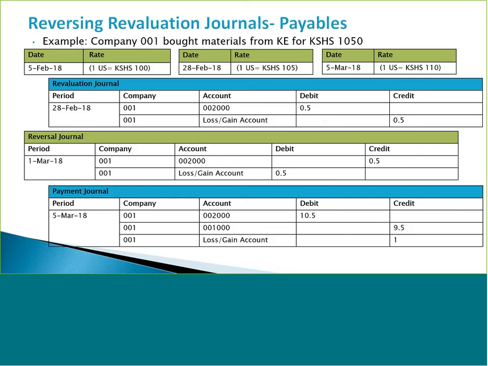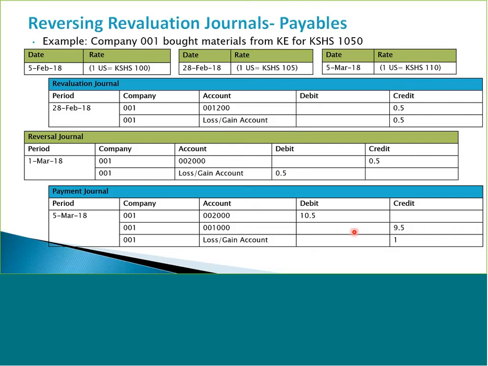But now, at the time of payment, when the exchange rate has shifted again, we will use that particular exchange rate and carry out the final revaluation against the initial amount that had been entered in the first, original journal.